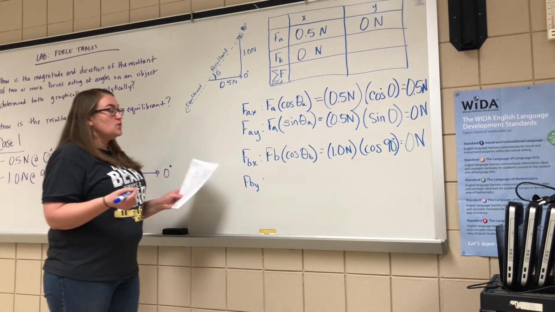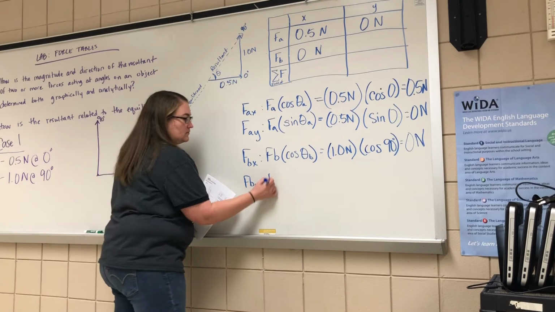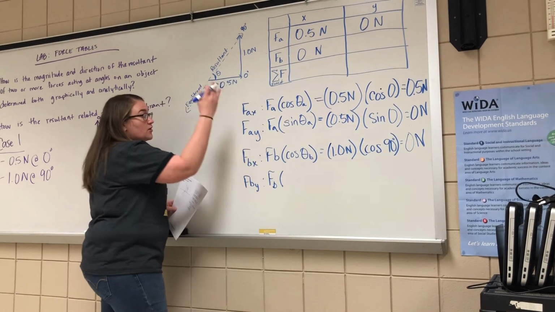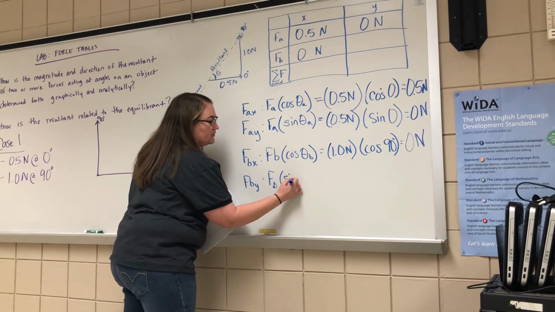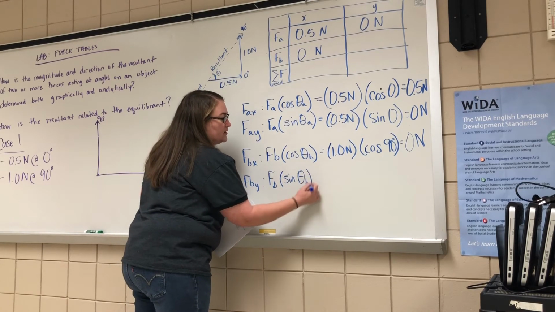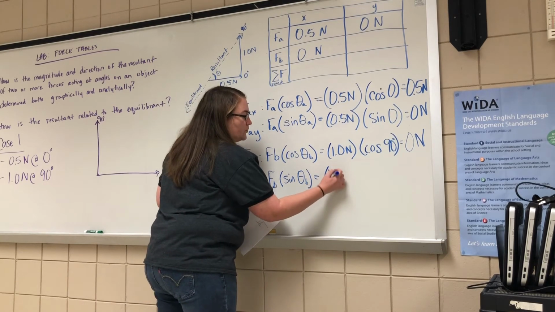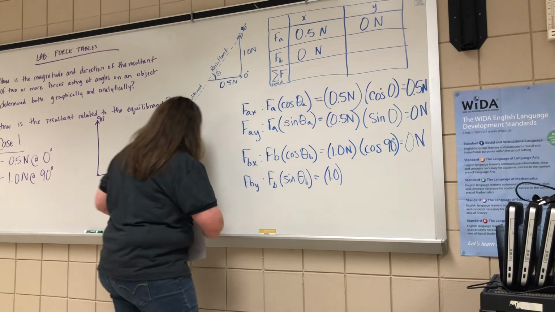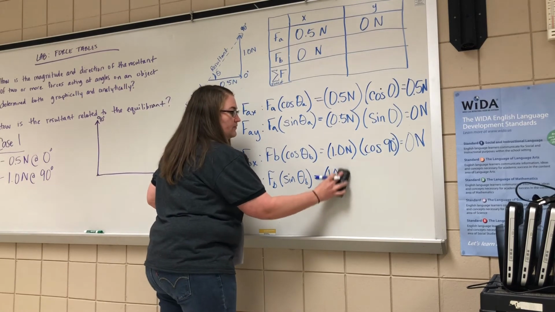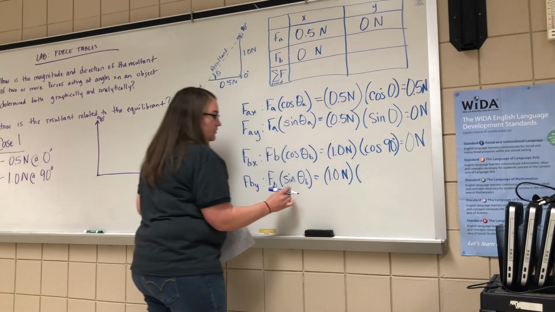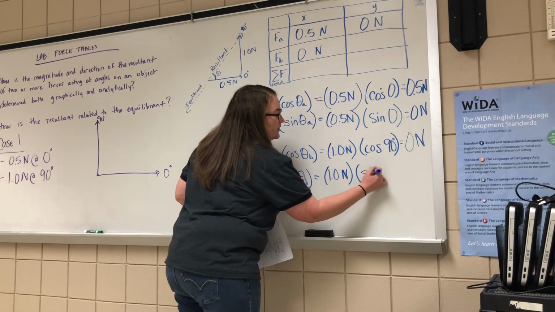All right, so let's look at the Y. We'll take force B, Y, the vertical, we're going to use the sine. Sine of theta B equals, our force is 1.0 newtons, times sine of 90 degrees.